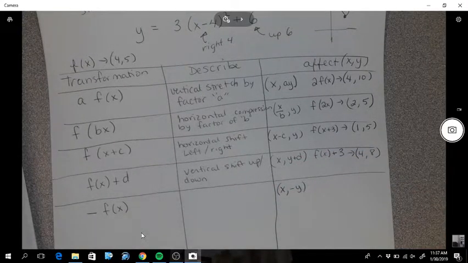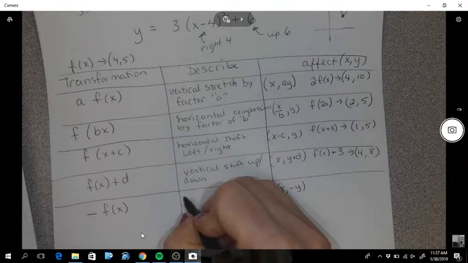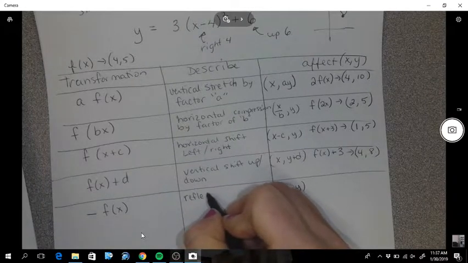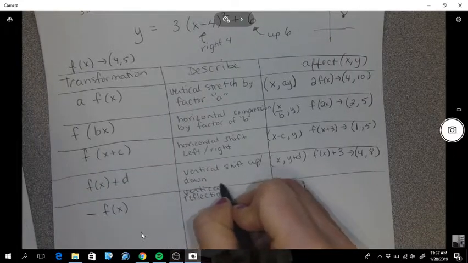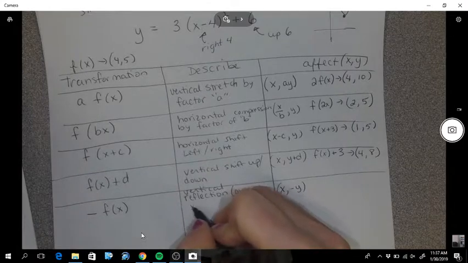So when we change our y values, that makes it flip over the x-axis. So a reflection, and we're actually going to call that a vertical reflection, and then it would be over the x-axis.